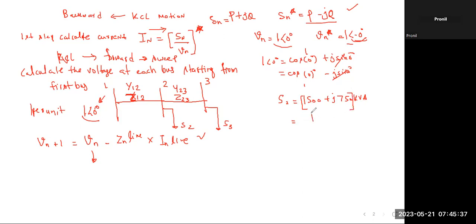So this can be written in terms of VA also. 1500 plus j750 k term can be written as 1000, and this term is into VA, right?